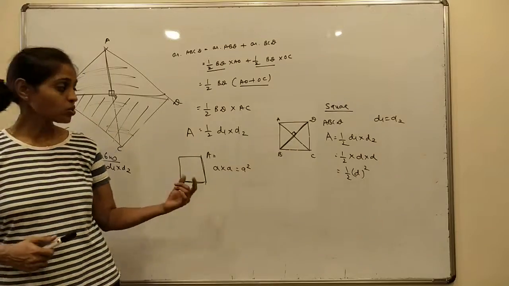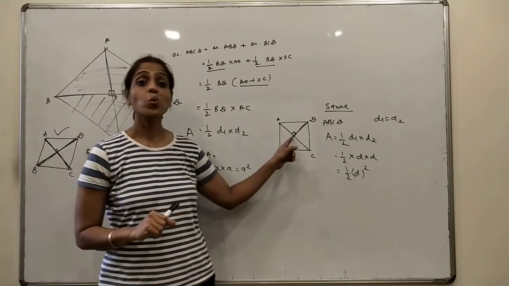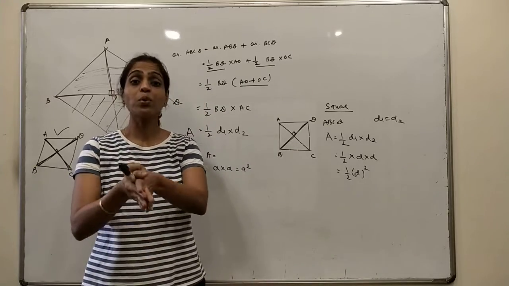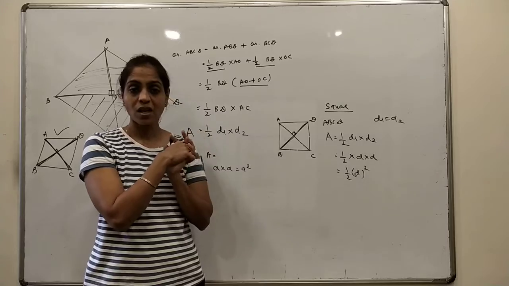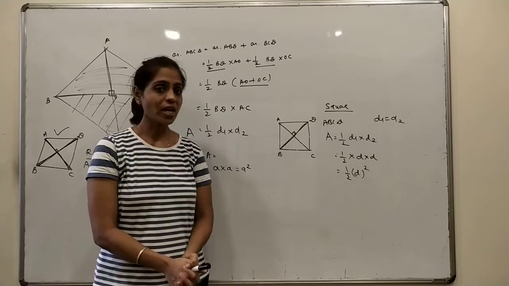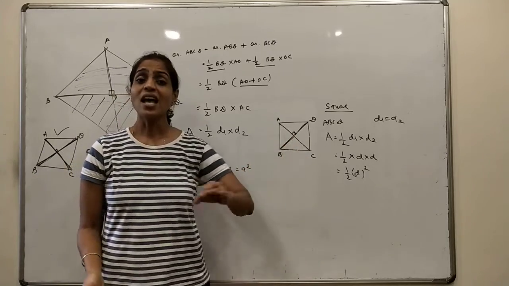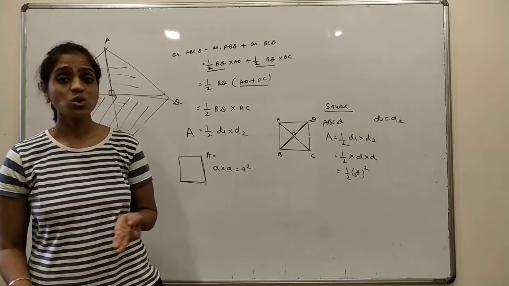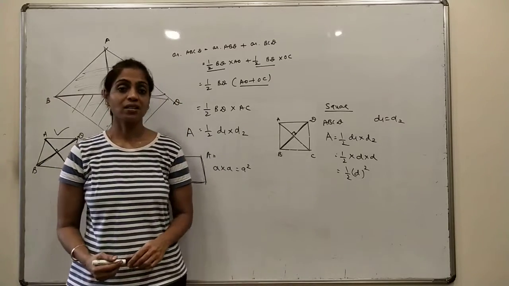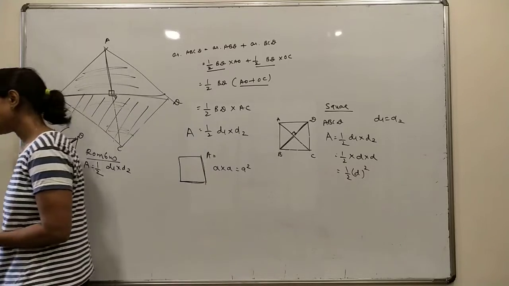That is side into side, side squared, as well as when one of the diagonals is given, because in a square both diagonals are same. So the area of square is 1/2 of diagonal 1 into diagonal 2. That is what I have to remember. When they bisect each other at 90 degrees, it is 1/2 of diagonal 1 into diagonal 2, but both diagonals are same. So 1/2 of diagonal squared is the area of square. Right?